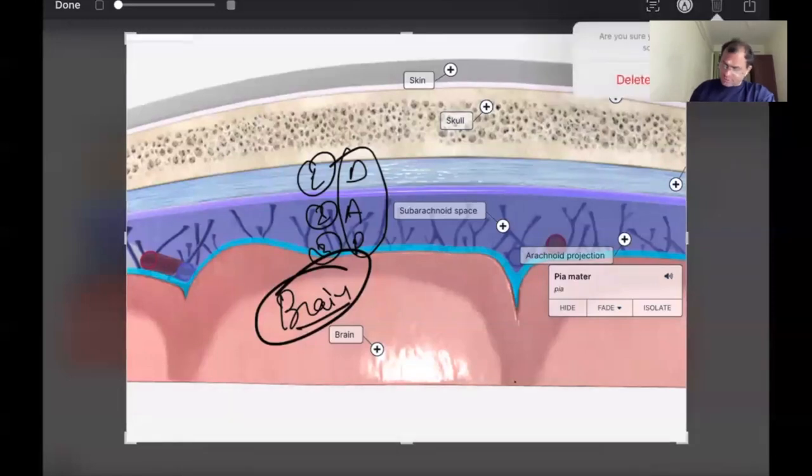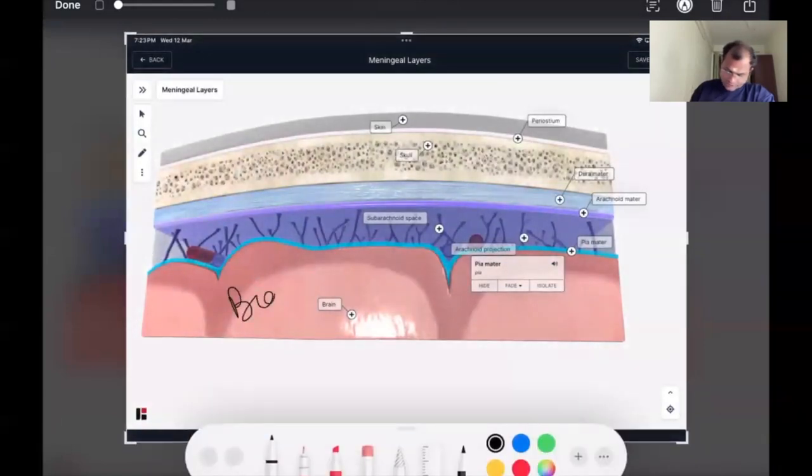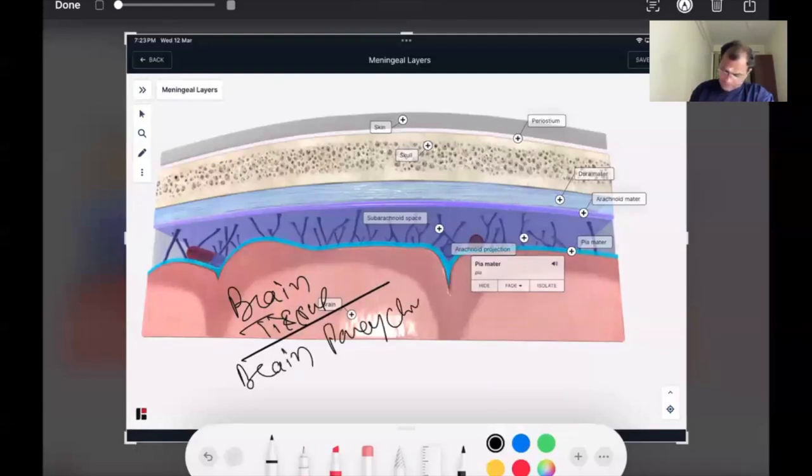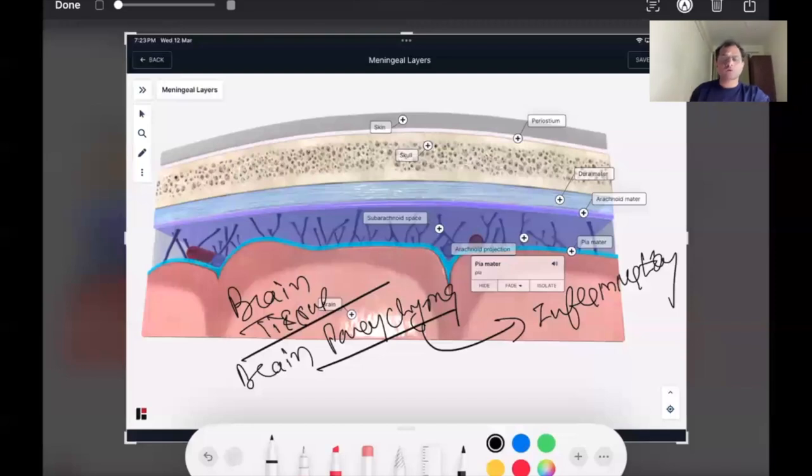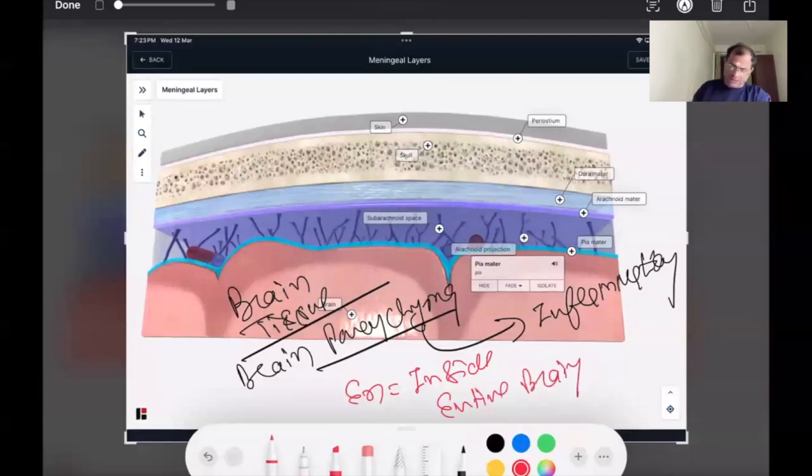So sometimes a person is getting involvement of this brain tissue, or we say brain parenchyma, and this is getting inflammation. Because it's happening inside, in the entire brain. So en means inside, meaning the entire brain is involved, and this is called encephalitis.